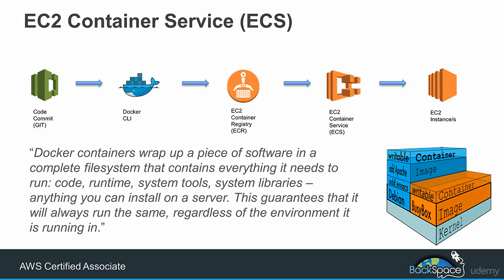So you can go from Git and pull that in with the Docker command line interface. And then once you've Dockerized your application, it can be taken across to the EC2 Container Registry.